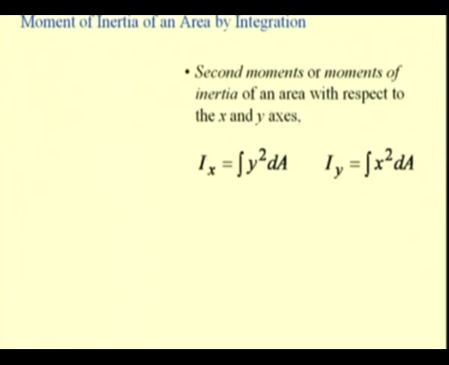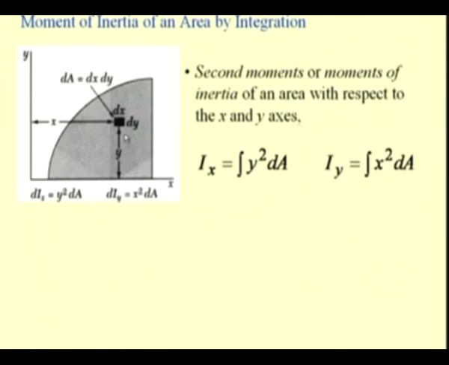We define Ix, the second moment of the area, as integral y squared dA. If we take this picture, we are interested in finding the second moment of this total area. So, we take a small differential element dx dy, which is situated at a distance x from the y axis and at a distance y from the x axis.